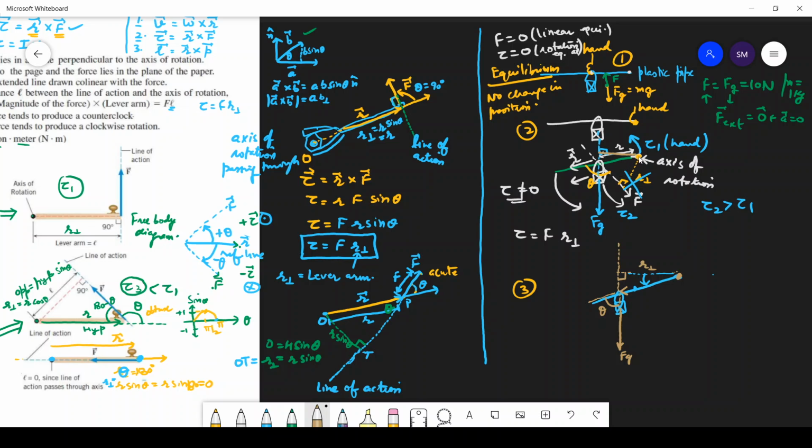This is R, this is F, so this was theta. And if this is theta, this will also be theta, vertically opposed angles. Getting it? This distance is your R, so this R perpendicular is nothing but R sine theta.